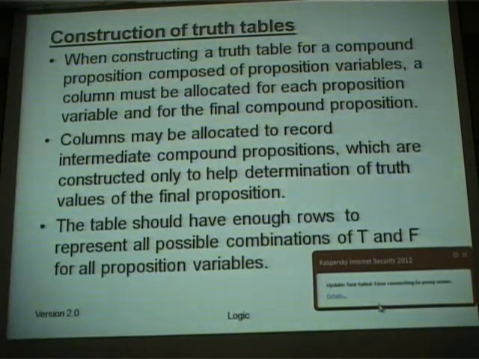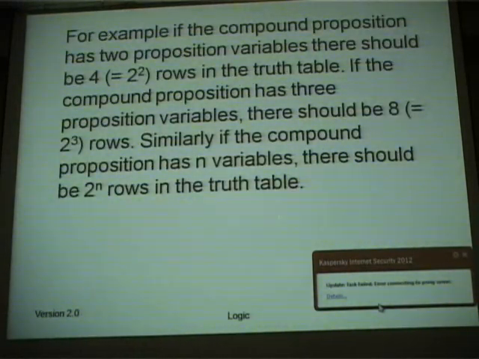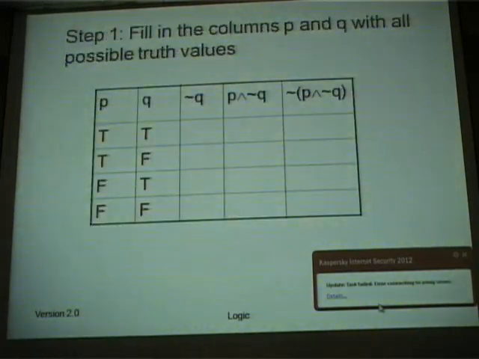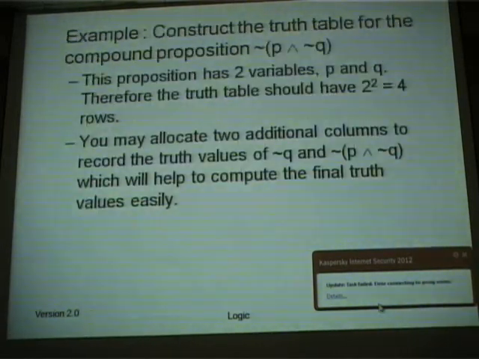Taking the disjunction of two columns is straightforward. It is similar to the basic truth table for the disjunction. So then this one, I haven't introduced that connective yet. I will come to it later. So I am considering this one.